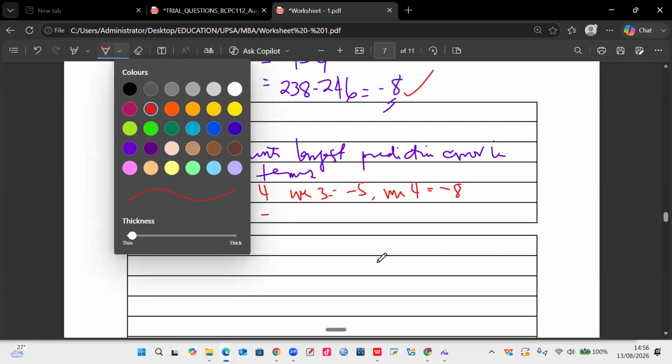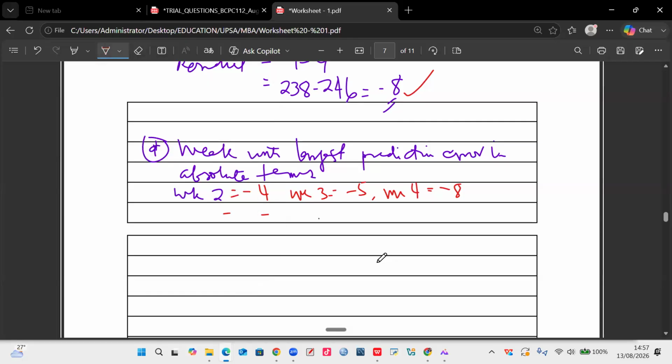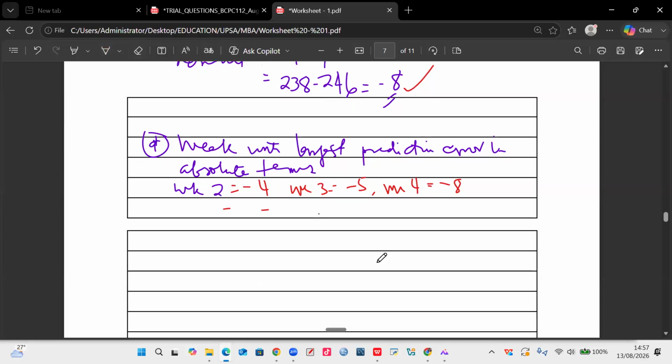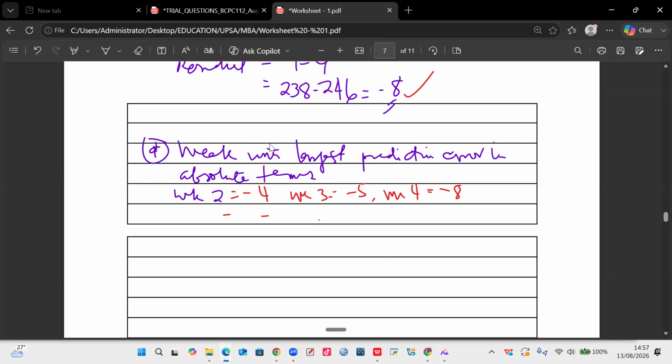That tells us I'm dealing with absolute values. So for week 2, I've shown it. Now I go to week 3. How do I show week 3? With absolute bars around -5.